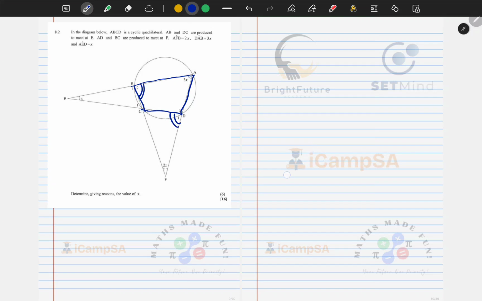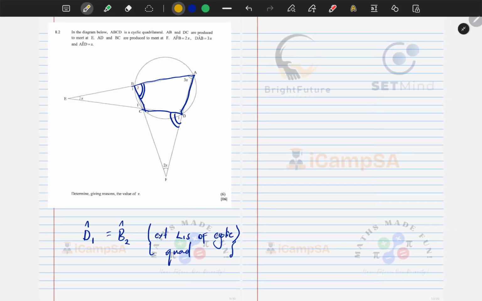Great. So now continuing this, we are going to say angle D1 is going to be equal to your angle B2. Why? Because they are exterior angles of your cyclic quad. So what is D1?